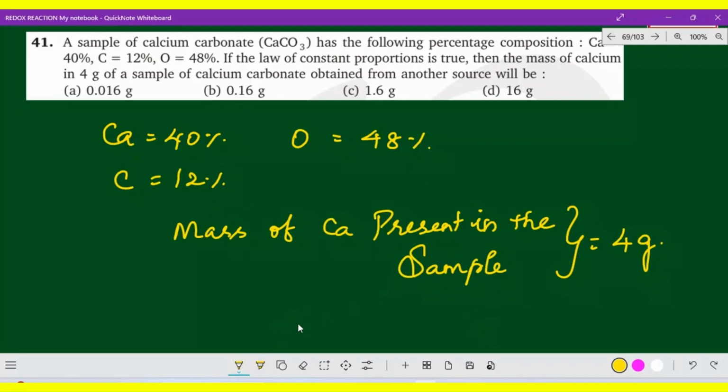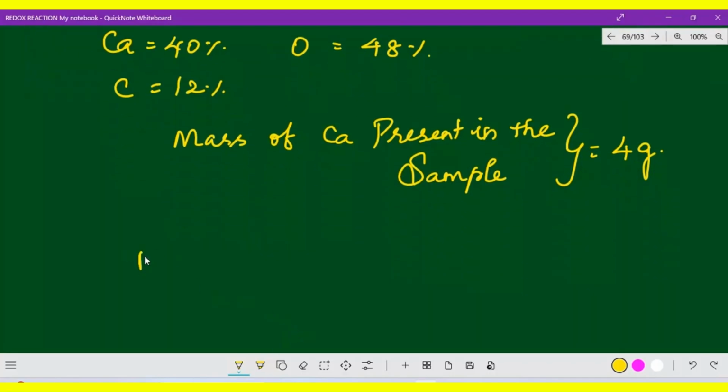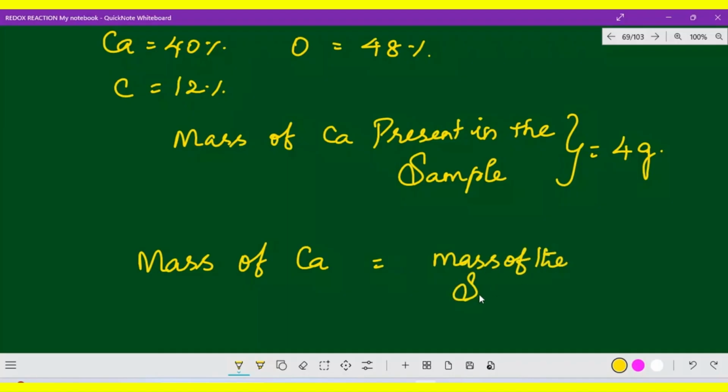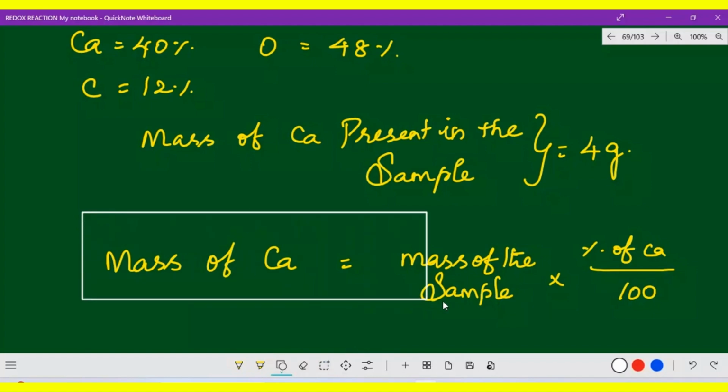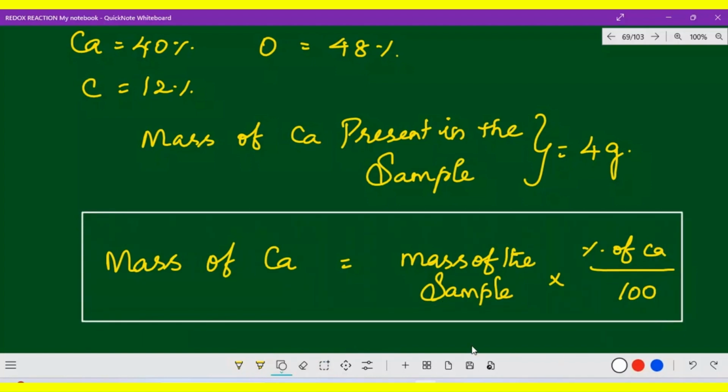That is what the question is asking. So the mass of calcium equals the mass of the sample into the percentage of calcium divided by 100. This is the formula we are going to use, and it is a simple way for us to identify the answer.